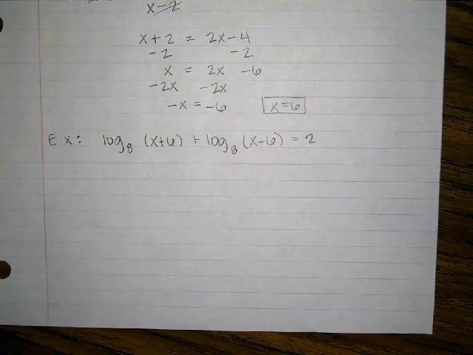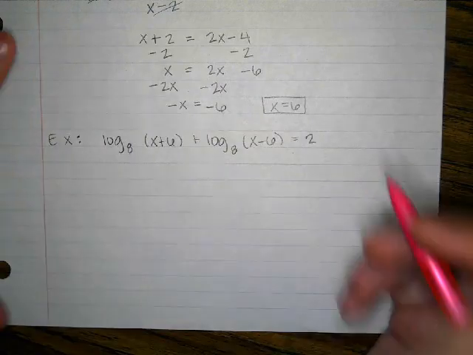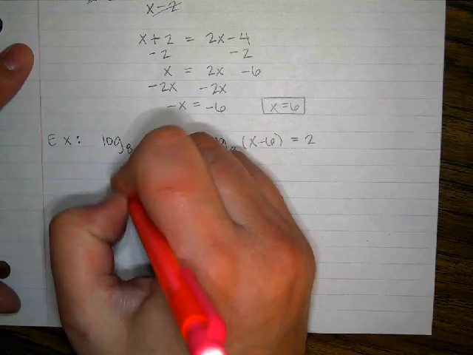We're going to condense it down. We have the word log written twice on the same side. We can only have the word log written one time on the same side. So I'm going to write log base 8. It says plus in between, so what should we be doing? Multiplying. So I'm going to have x plus 6 times x minus 6.